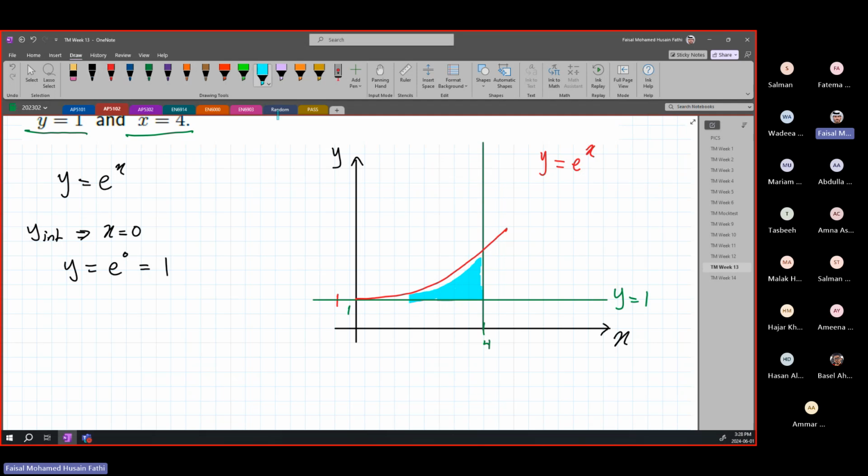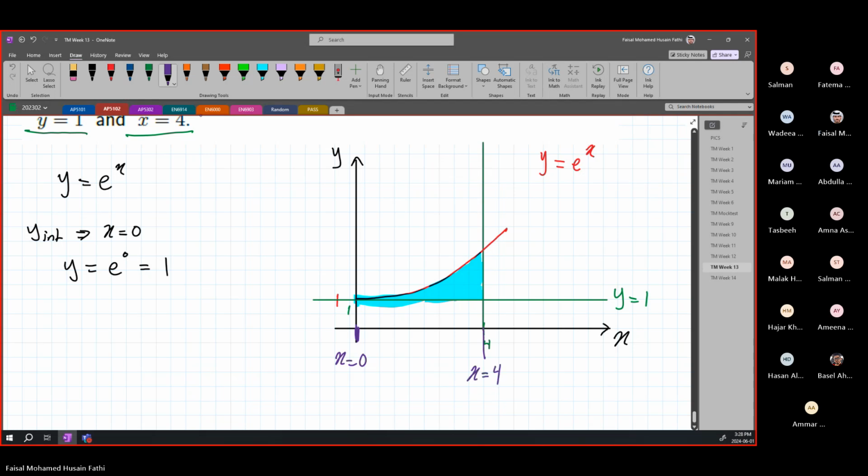So the blue part is all the way till here at a smaller scale. If I make this much larger, it's going to be clear, but it starts all the way from point 1. So our first value of x is x equals 0, all the way to x equal 4. So now we can do the integration of the curve, which is e to the power of x.